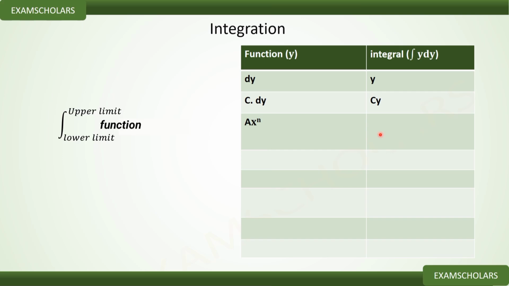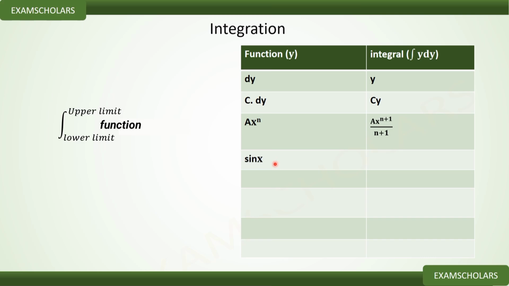When you integrate it, it's just like the inverse of differentiation. So we are going to get a x raised to the power n plus 1, divided by n plus 1. You just add 1 to the power, then you divide by n plus 1. You see that is like the inverse of differentiation.